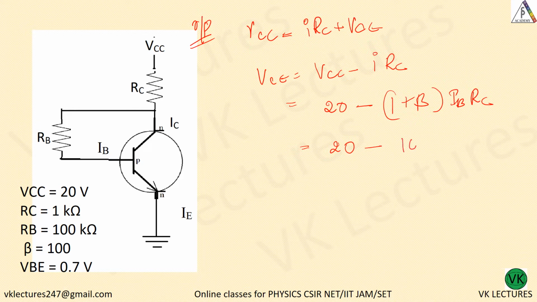So 101K into RC value is 1. So beta value is 100. So 101K into IB.